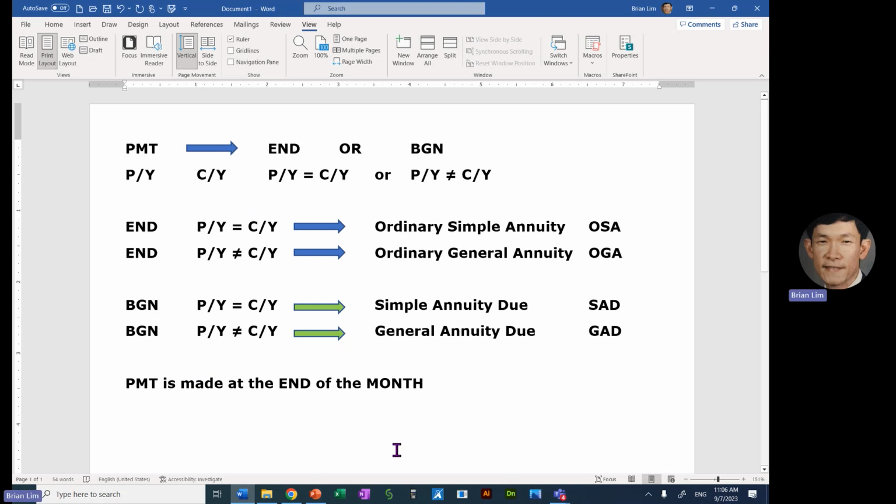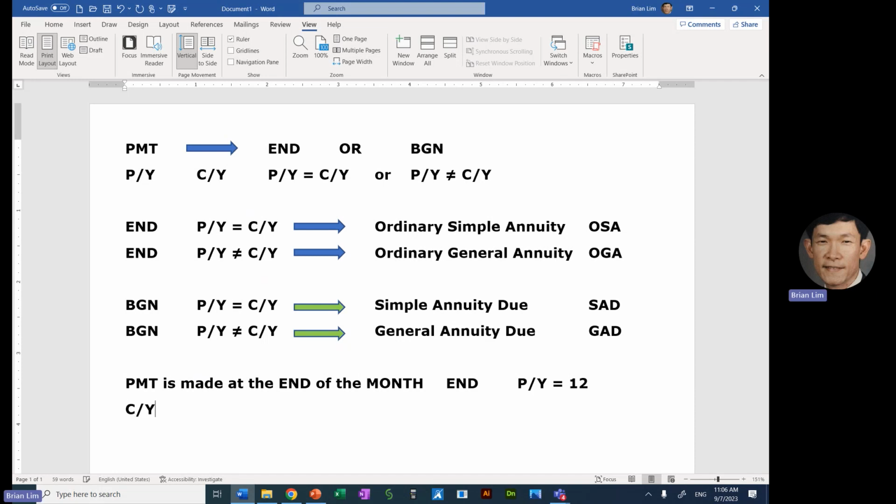So we could say that payment is at the end of the month. So we have end, and we also have that PY is equal to 12 because it's at the end of the month. Now let's come down here, and we have the compounding.